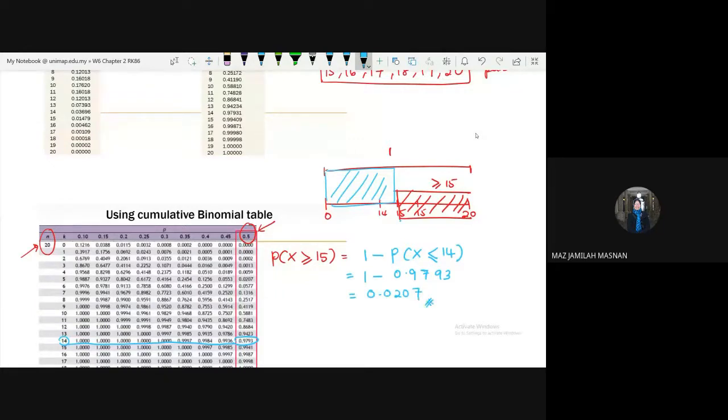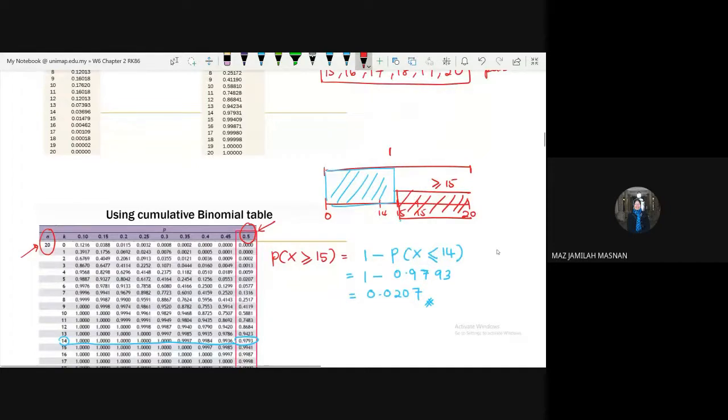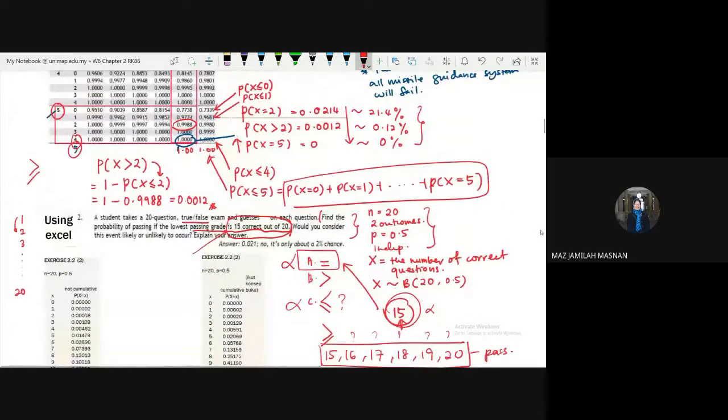Is this correct, class? Why is everyone so quiet? Okay, you have your answer, 0.0207. If you look at the answer, yes, it is 0.021 to 3 decimal places.